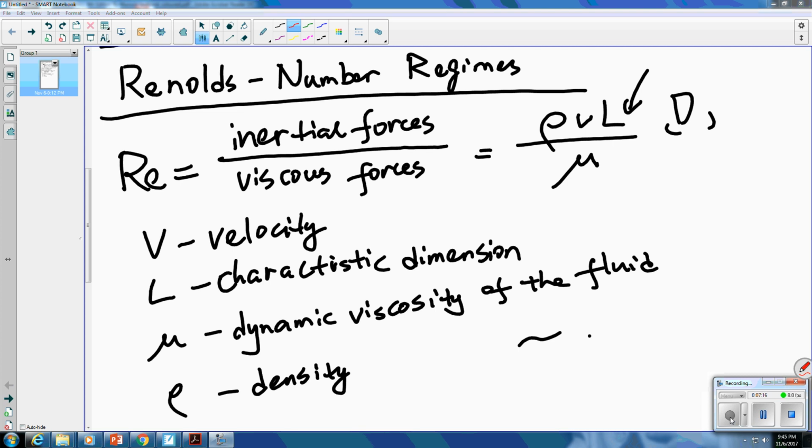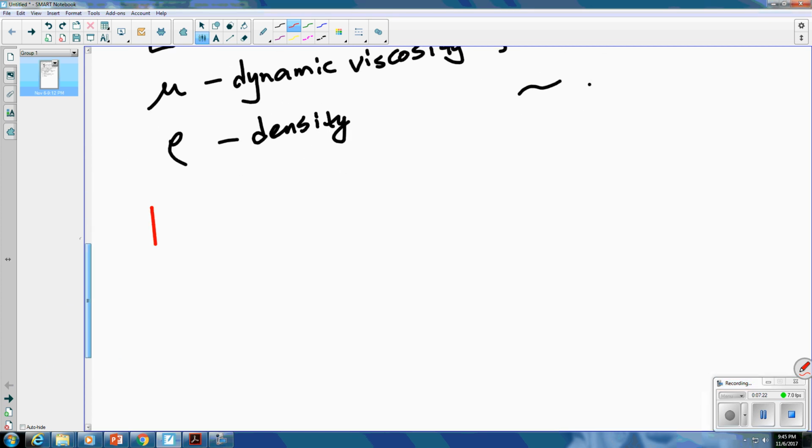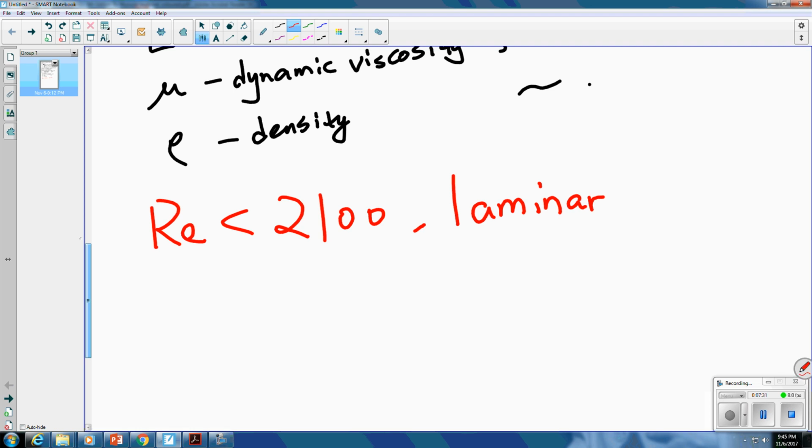And in engineering applications, the range is like this. When Reynolds number is smaller than 2100, we say this is laminar pipe flow.